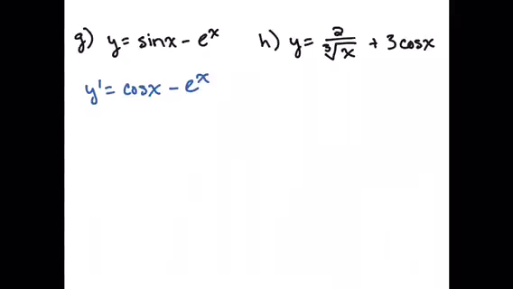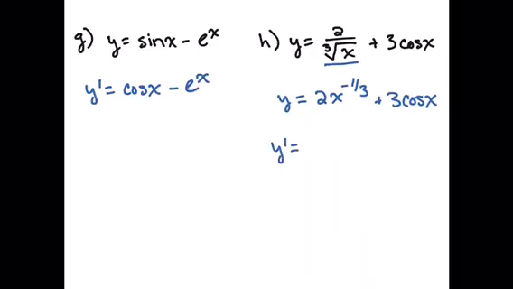In H, I want to rewrite this first term so I can see the power and power rule it. So that's going to be 2 times x to the negative 1/3 plus 3 cosine x. That's just a function rewritten, so I can use the power rule.